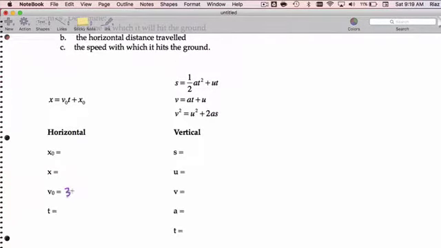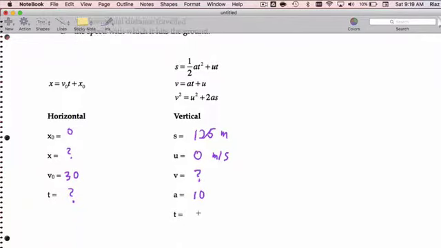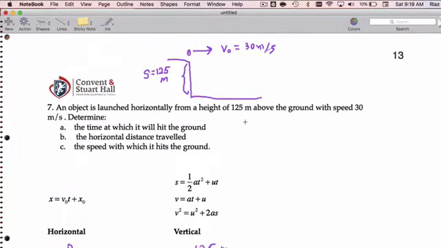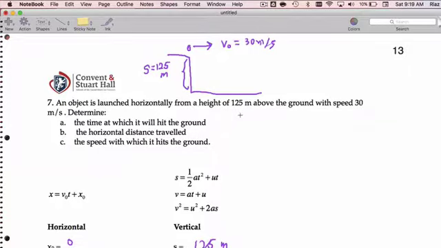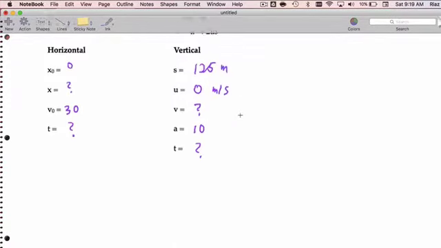And so we're going to have 30, this is 0, this is unknown, this is unknown. Our S is 125, our vertical speed is 0. Our V is unknown, our acceleration is 10, and our time is also unknown. So we can go ahead and get the time it takes to hit the ground.